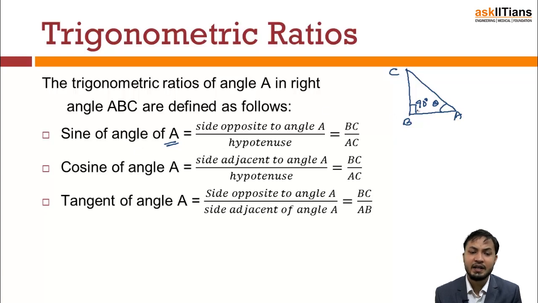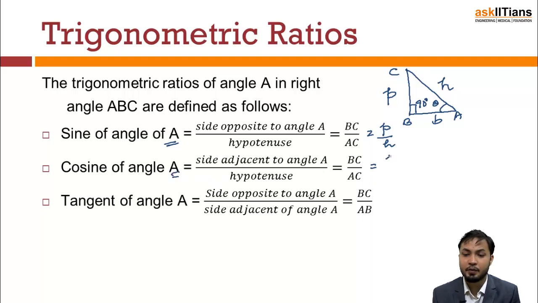Okay, now if I take the sine of this angle, the value of that is the side opposite to angle A by the hypotenuse, also known as BC by AC, or how we defined this as H, P and B. So with respect to that, this becomes my P by H. Simultaneously, cos becomes my B by H. It is the side adjacent to angle A.